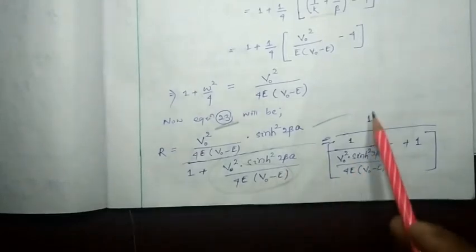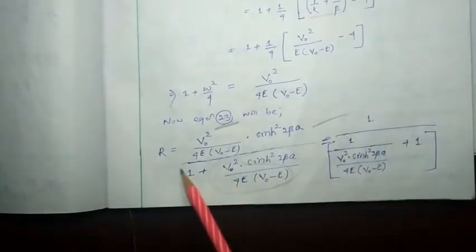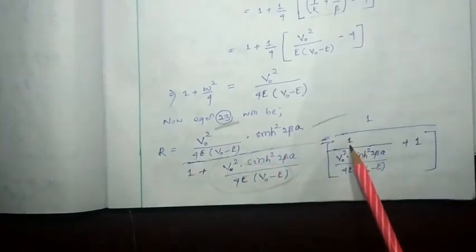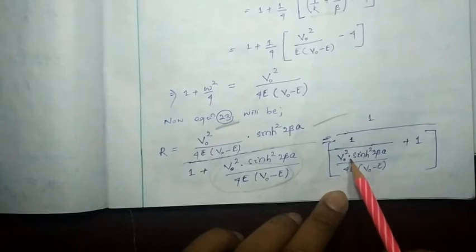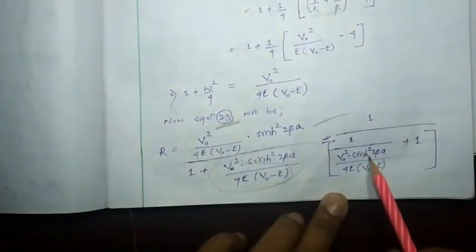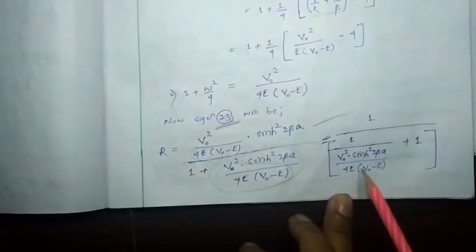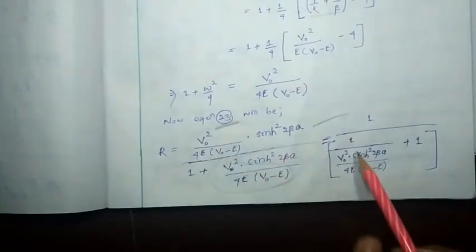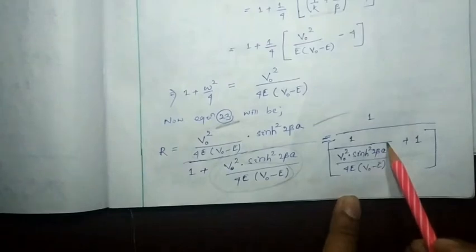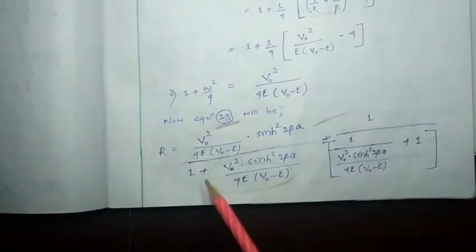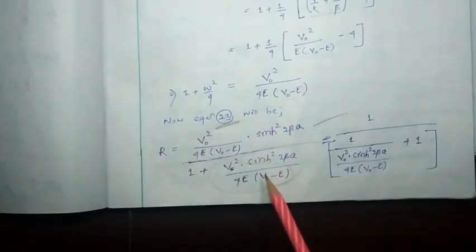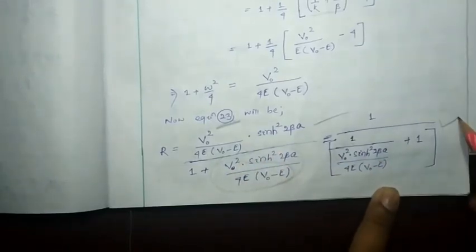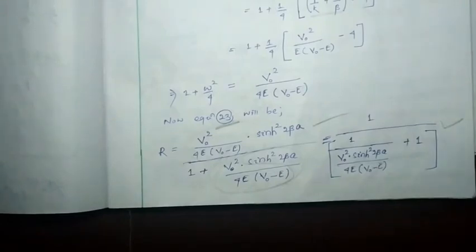Whenever we divide this by 1, it will be 1 by v0 square into sinh square 2 beta a by 4e (v0 minus e). This much I have directly divided with 1. Okay, then plus, whenever this same term is divided with this one, it will be 1 plus 1. Got it? We have to move to the next page.